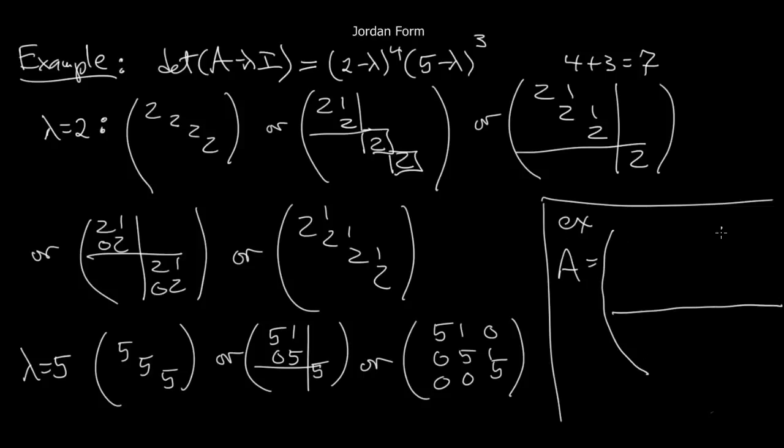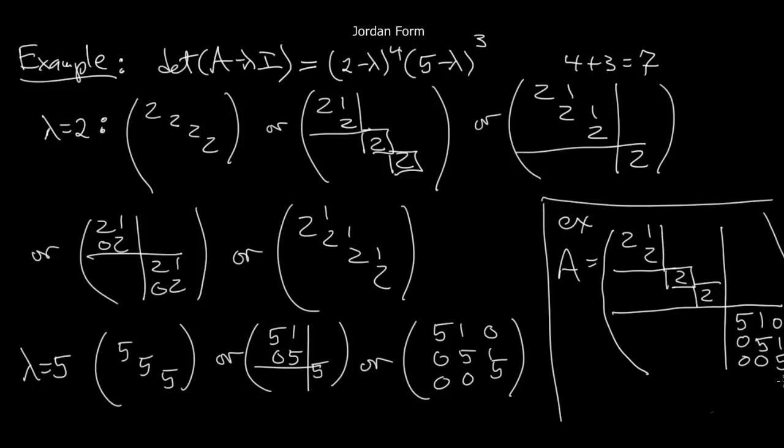So an example would be the 2 eigenvalue part might be this, and then the 5 eigenvalue part, say, could be this. And any matrix can be put into one of these forms.